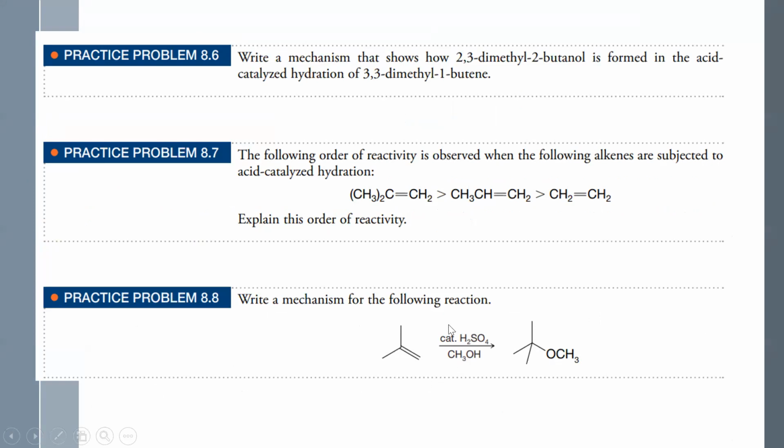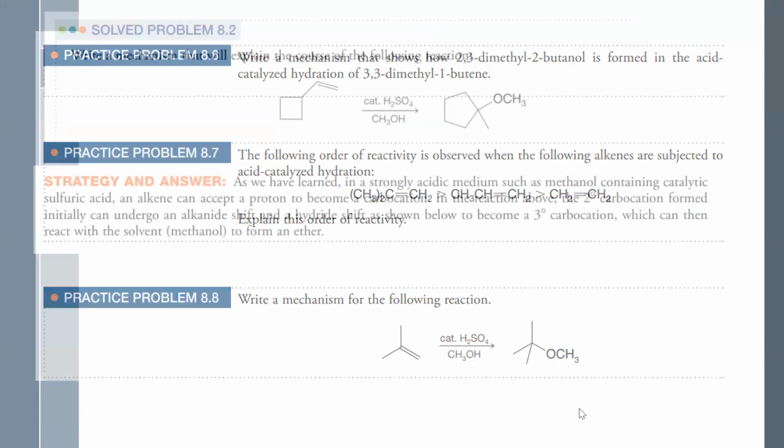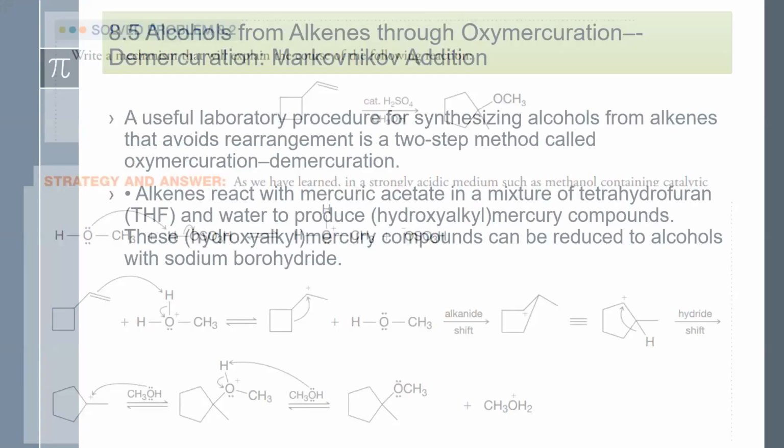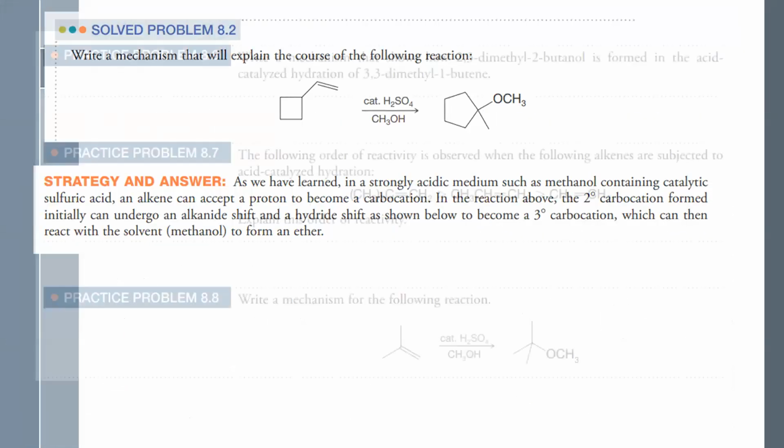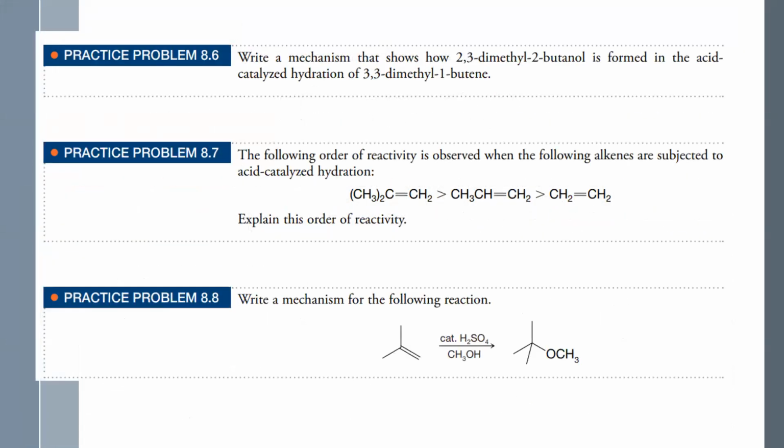Okay, so you write the mechanism for this reaction. This one is a simple reaction, but a more challenging one is where there's a rearrangement here. There is no rearrangement in this reaction. So I will look for a problem that has a rearrangement, so you can practice one.